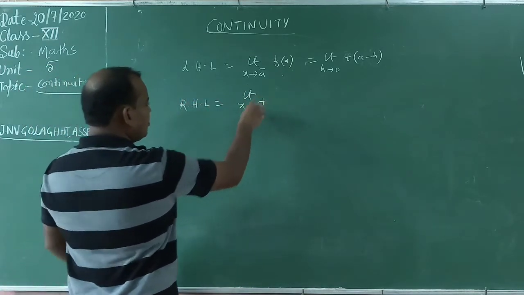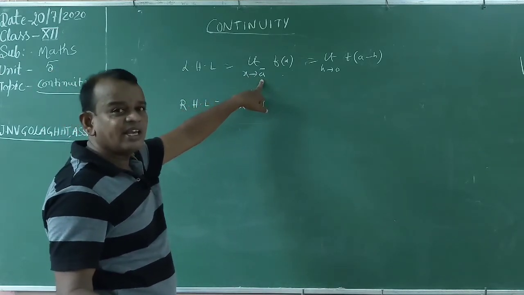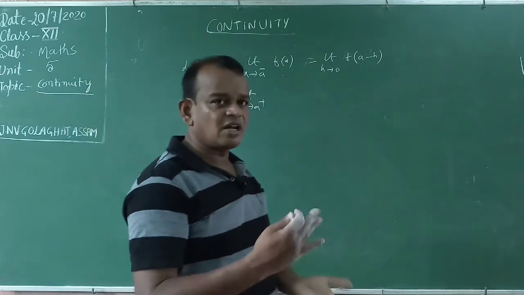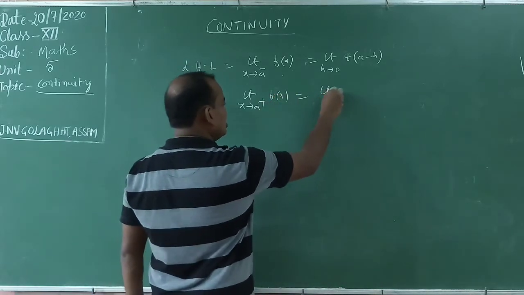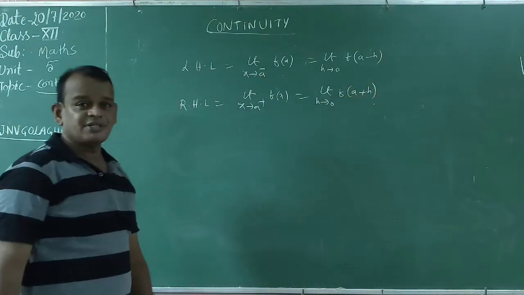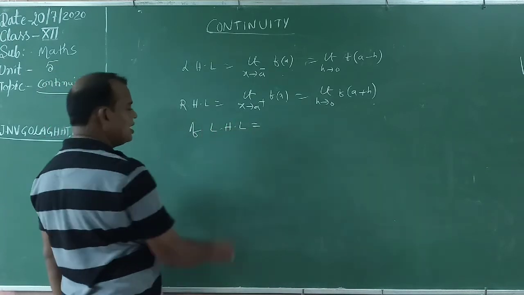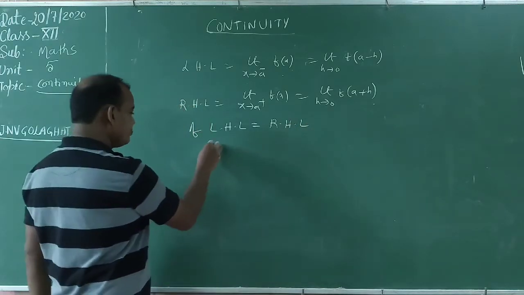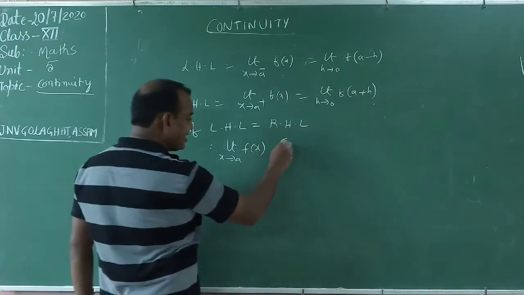RHL, what is the RHL? What does a minus and a plus indicate? Whether x approaches from the left side or the right side. Okay. Limit x tends to a plus f of x. This is nothing but limit h tends to 0 f of (a plus h). If LHL, left hand limit, and right hand limit are both equal, it means limit x tends to a f of x exists.